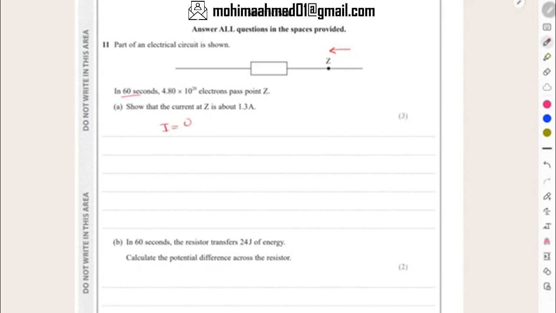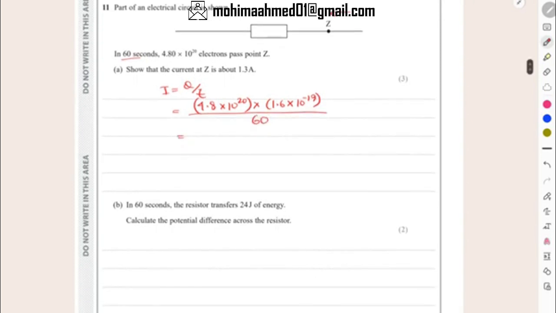I is equal to Q over T. Q is 4.8 times 10 to the power 20 multiplied by 1.6 times 10 to the power of negative 19, over 60, right? If you calculate this, you get 1.28 amps, which is almost close to 1.3. So that is correct. The value for I is 1.28 amps.